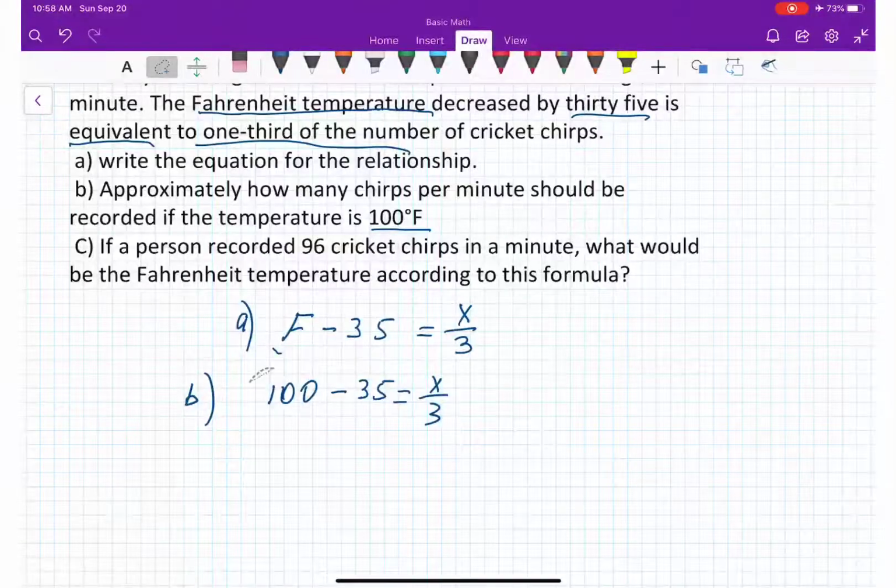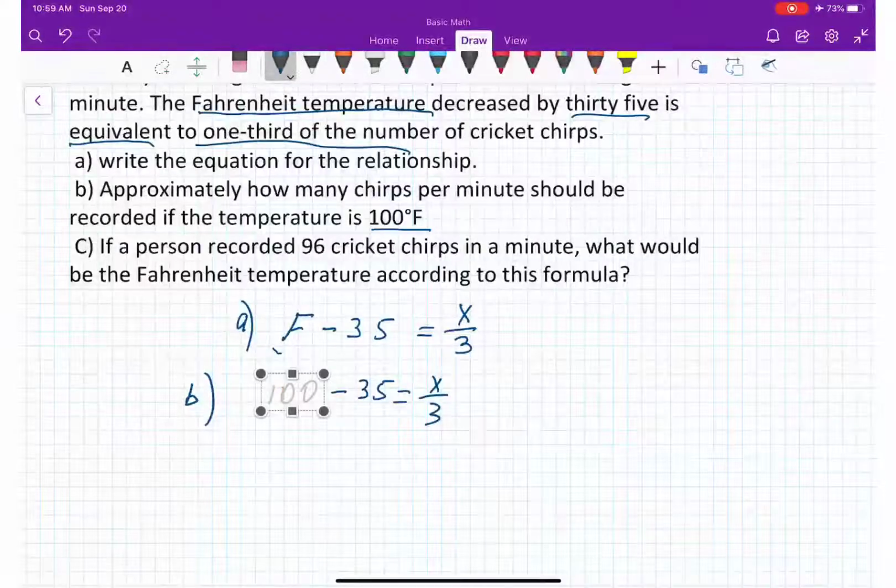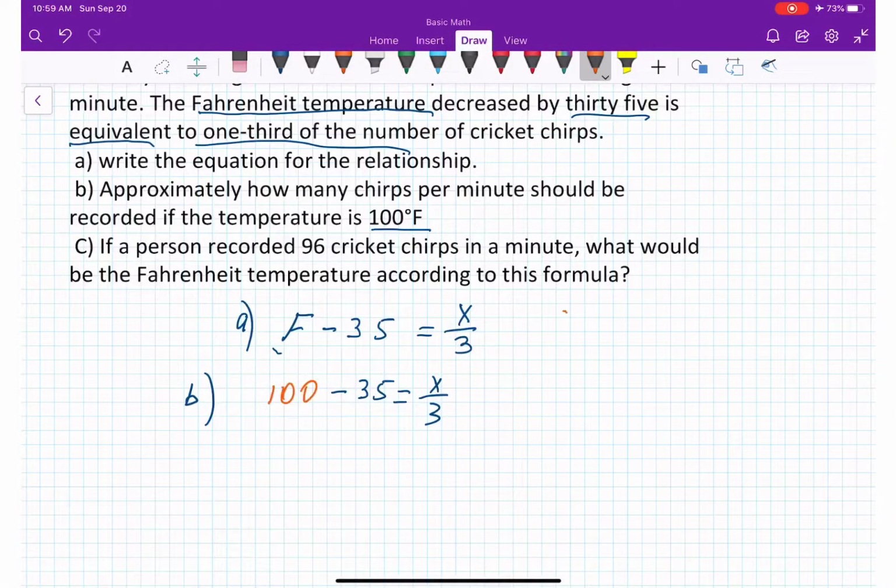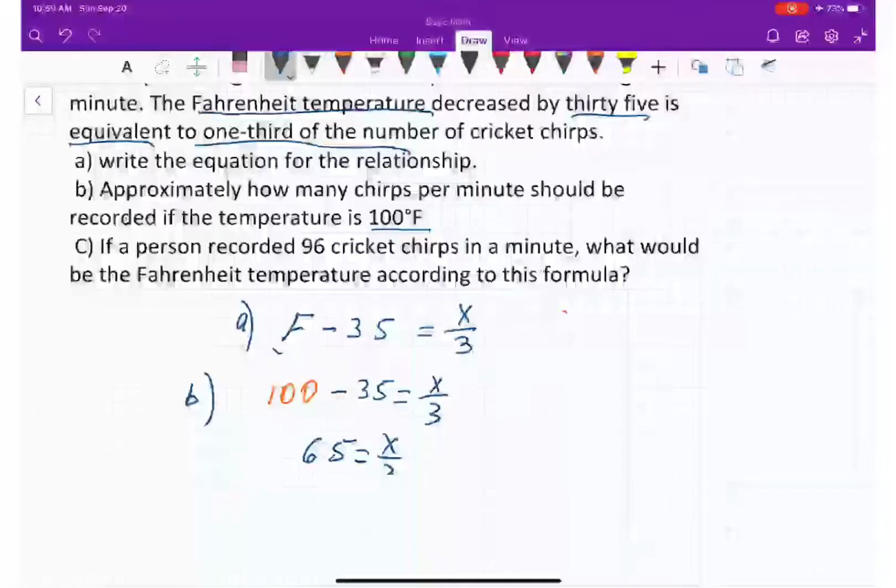Let me place this 100 in orange color. Okay, 100 minus 35, it's going to be 65, yes? 65 is equal x over 3.